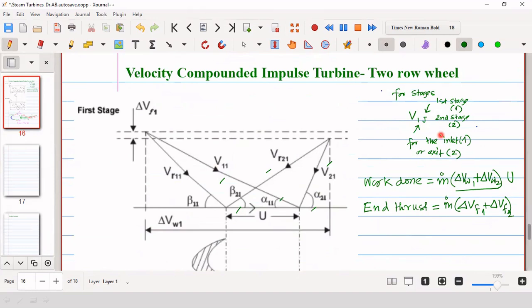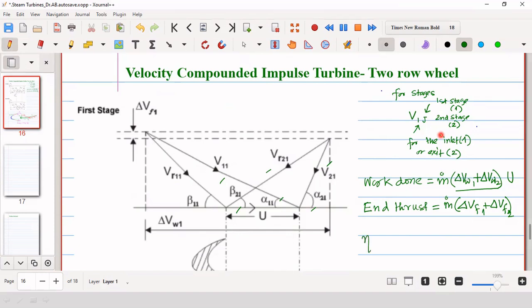Another thing that can be calculated for this, you can determine what is the blade efficiency, and therefore you can determine what is the optimum blade speed ratio.